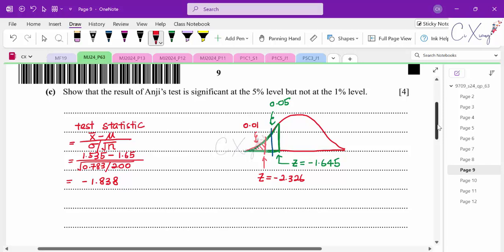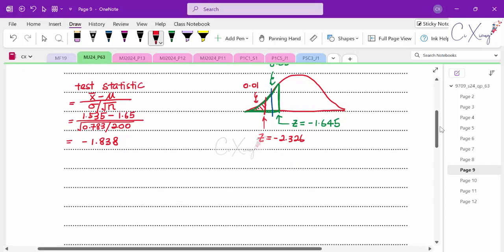Okay, so you compare it with the critical values. I'm having negative 2.326, then negative 1.838, and also negative 1.645. So you reject the null hypothesis at 5% significance level, but not at 1%.